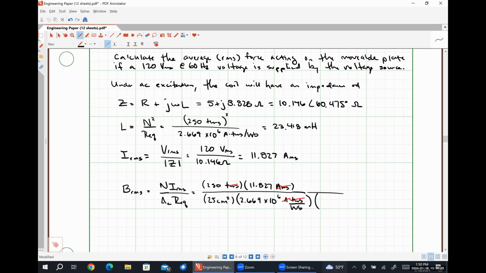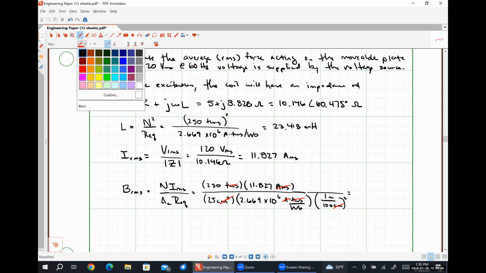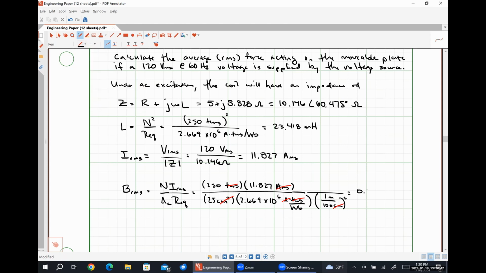So I'm just going to tuck in a conversion factor here of 1 meter per 100 centimeters quantity squared. And so that's going to get rid of my centimeters, leaving me with Webers per meter squared or Teslas. And we get 0.443 Tesla.